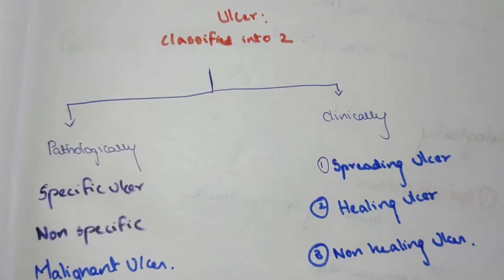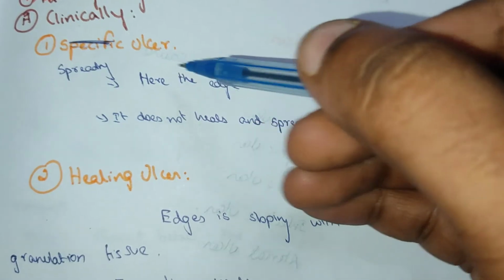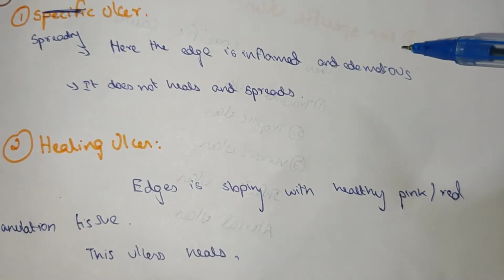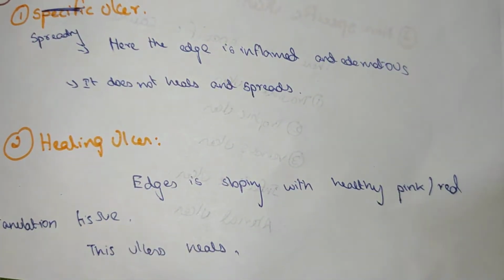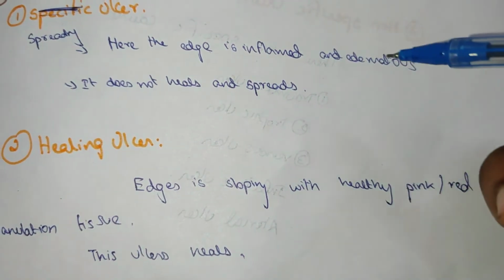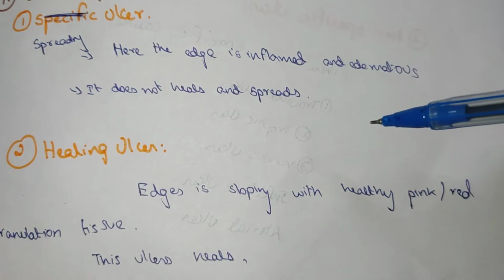Now you will see the classification. Clinically, the spreading ulcer. Here the edges are inflamed and edematous. The edges which connect the floor as well as margin are inflamed and edematous and it does not heal and spreads. So it is known as spreading ulcer. Healing ulcer.